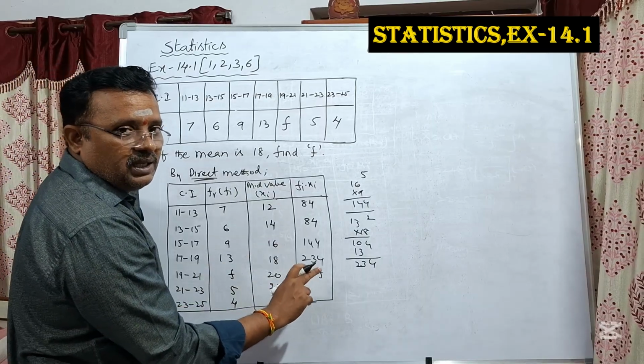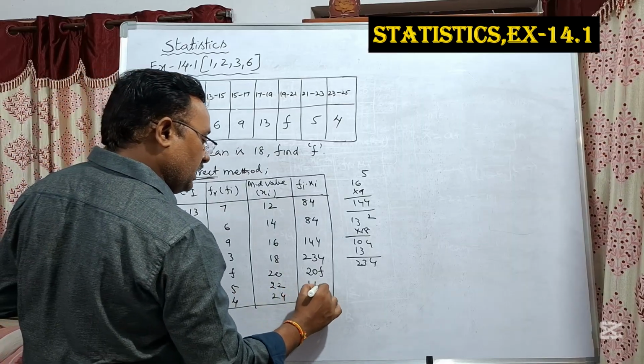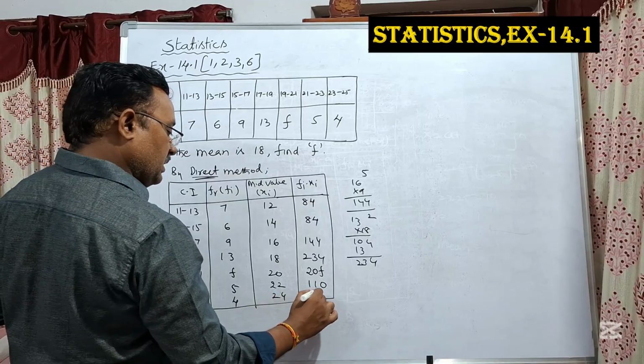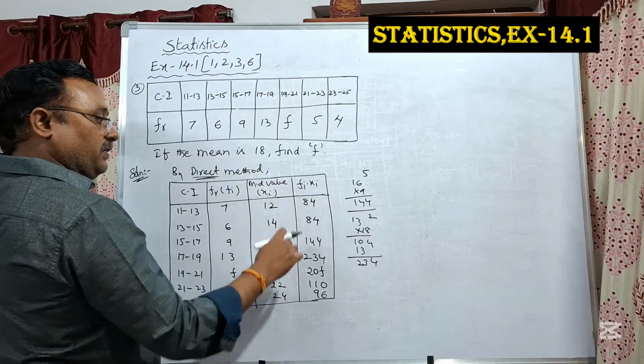Next, 5 into 22 is 110, and 4 into 24 is 96. Okay, these are the values. Understood? These are fi into xi.